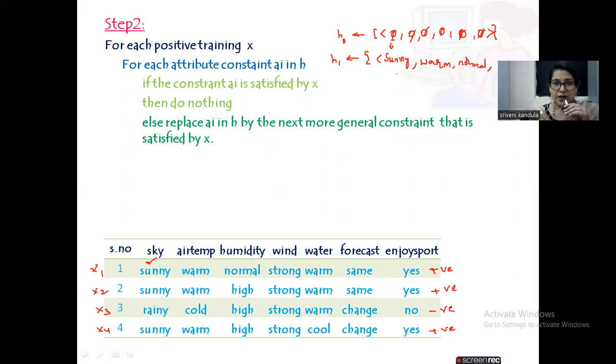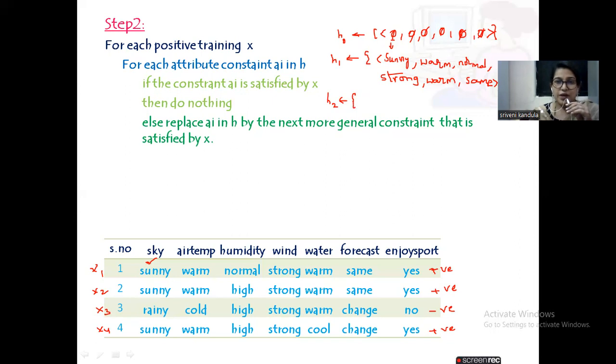The fourth 5 is replaced with warm, the fifth 5 is replaced with warm, and the sixth 5 is replaced with same. So we just replaced each with the attribute values. This is our hypothesis H1. Now let us move on to the next example. Since we are moving to the next one, I am naming it H2.